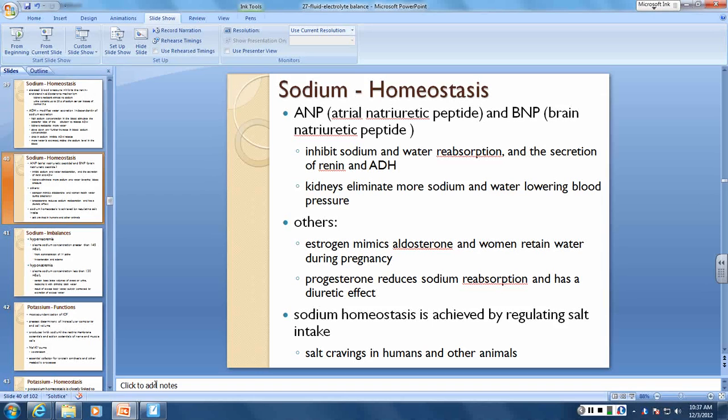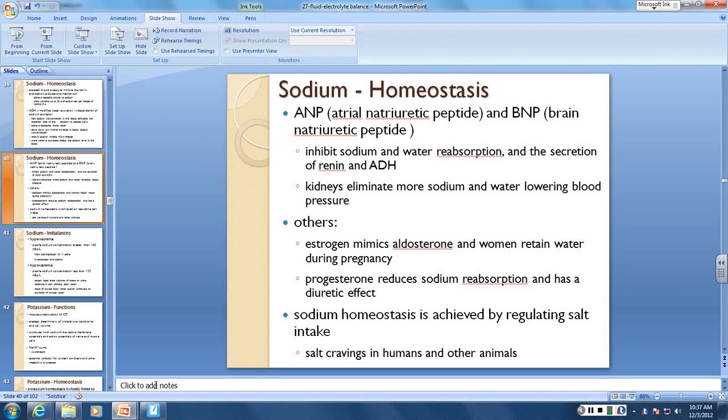It inhibits sodium and water reabsorption. What does that mean? So in the kidneys, as blood is filtered through the kidneys, all of these mechanisms are going to control whether the kidneys get rid of the sodium and water or bring it back into the body.